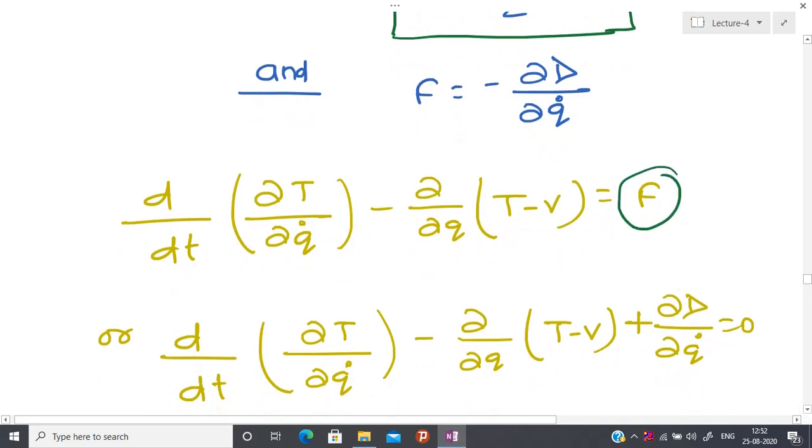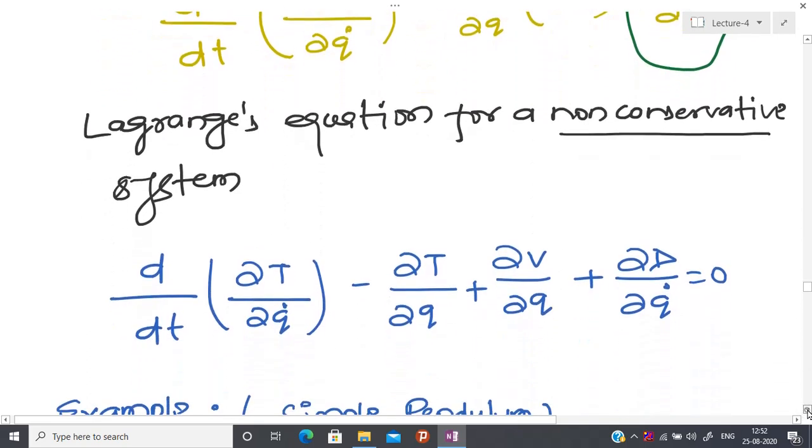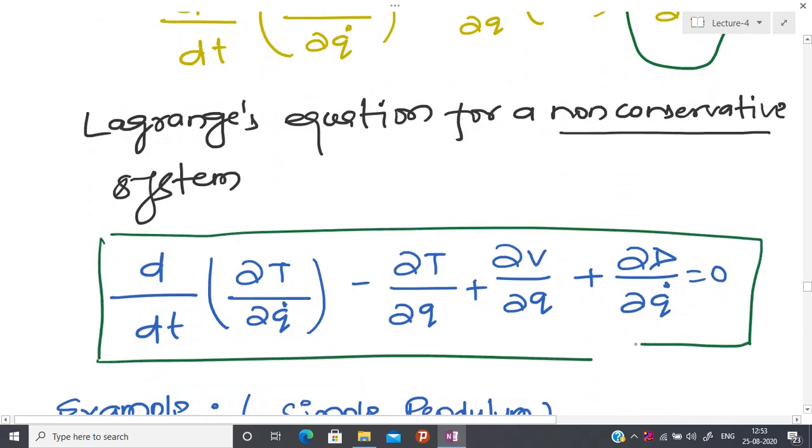So in this way, if the system has some kind of dissipative action, then also using the Lagrangian formulation I can capture it. So this is the Lagrangian equation for the non-conservative system. So what extra quantity comes into the picture here?